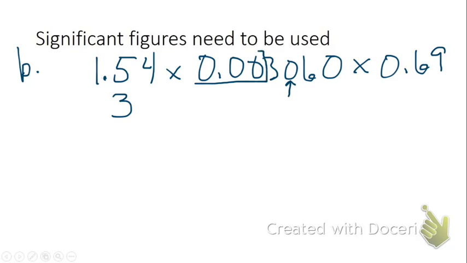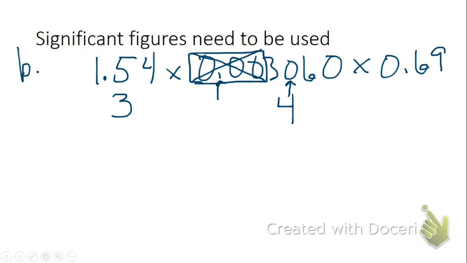But what about these zeros? Leading zeros, the zeros that are either before a decimal point or directly after it, are never significant. So these 3 zeros are never significant. All they do is tell us where that decimal place is. So we only have 4 significant figures in this number.